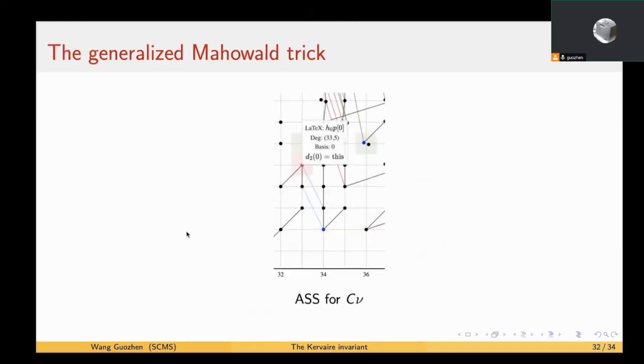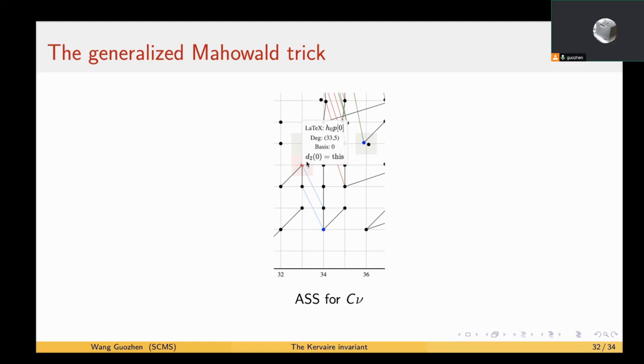So here is an illustration of how we use the generalized Mahowald trick. So this is a Adams spectral sequence for the cofiber of nu. Here, for example, we apply the method of secondary operations.